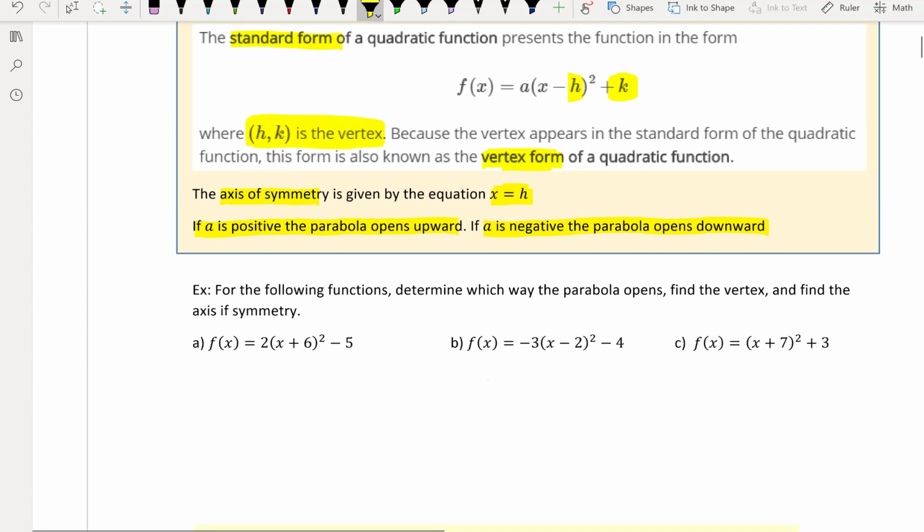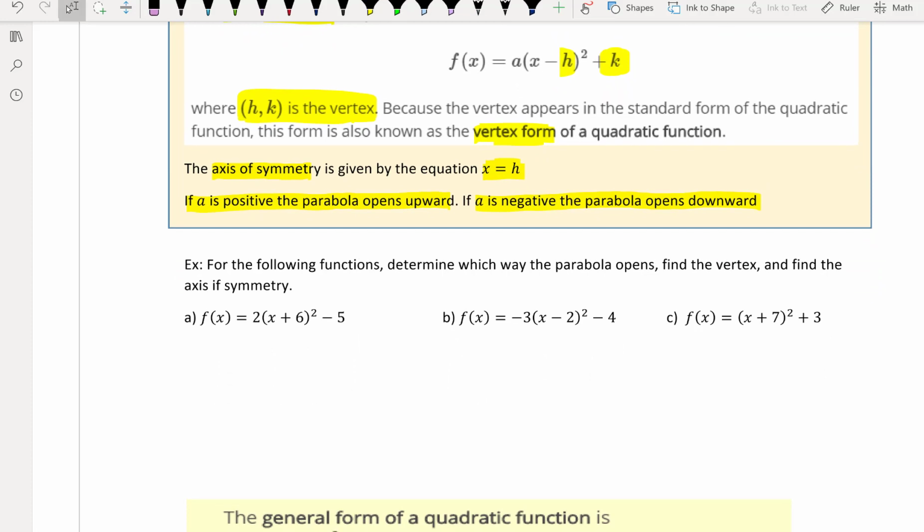Well, I know the way that it opens really depends on my a value. So a here is 2. It's positive, so I know I'm looking at a happy parabola. That tells me that it opens up. The next thing I'm going to be thinking about is my vertex.